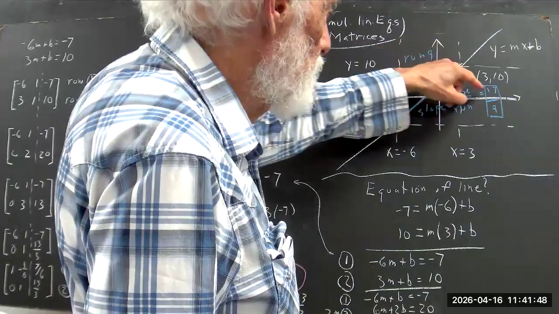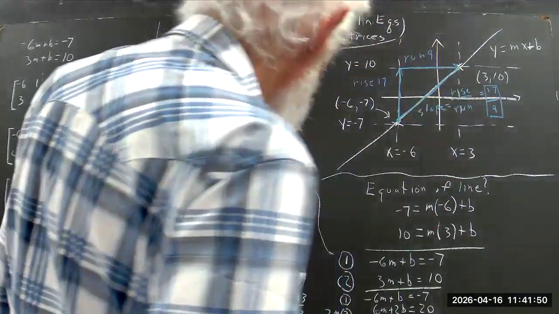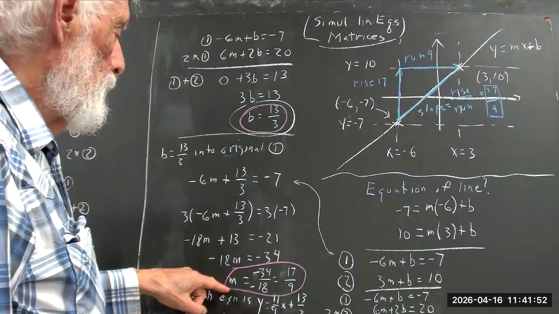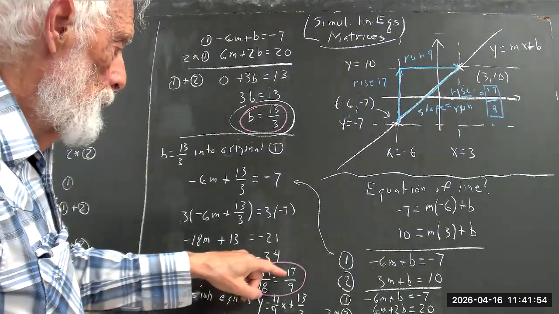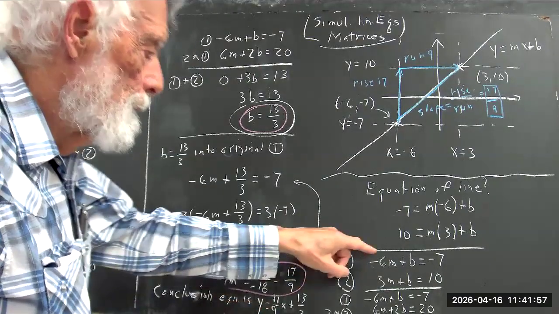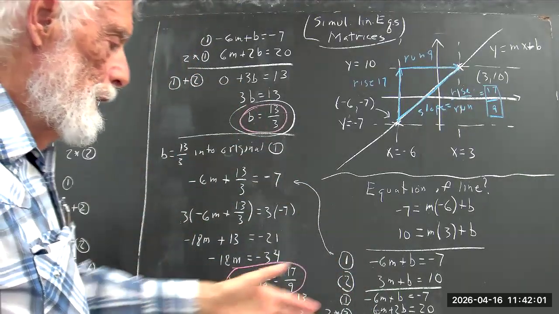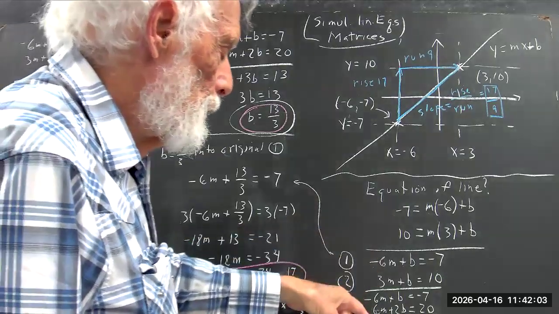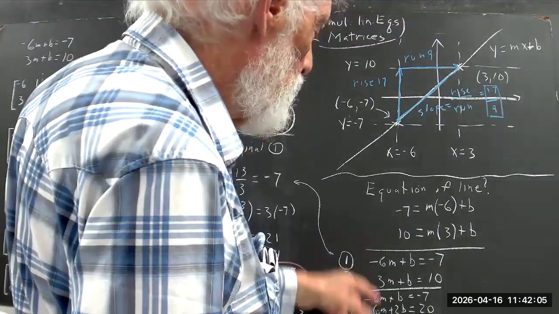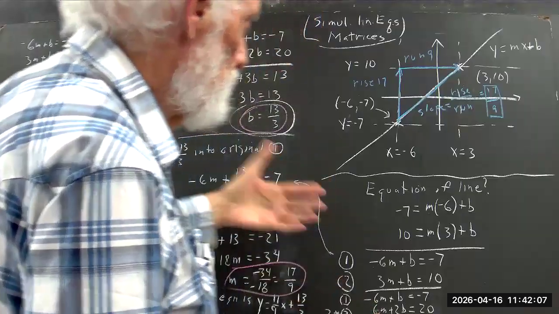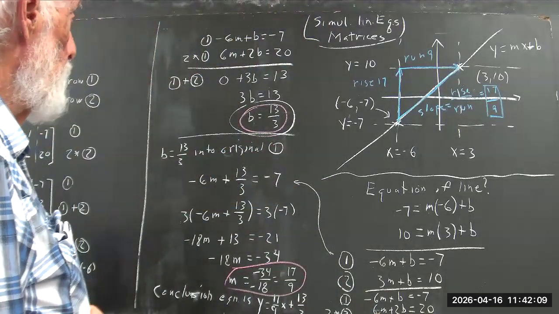The run is 9, so that the slope is 17/9. And of course, that agrees with the value we got for m when we solved the system using this method of elimination. We call the method that we use the method of elimination because we have eliminated one of the variables by adding multiples of the two equations.